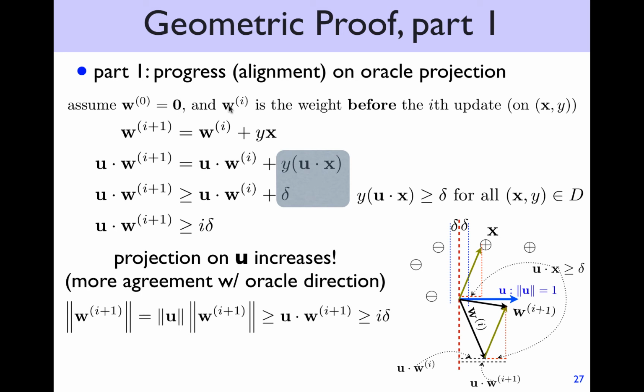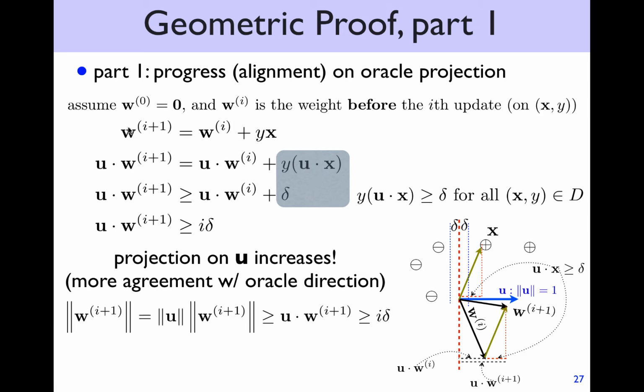Let's assume W superscript i, the weight before the ith update on this particular example x, y. Because it's the ith update, we cannot write it as a subscript, since a subscript would mean the ith dimension. So we'd rather write it as a superscript.